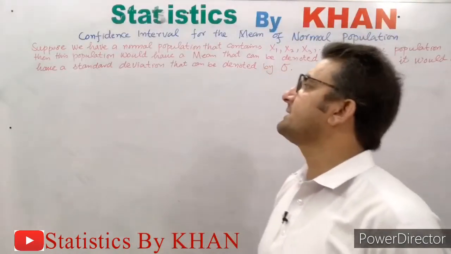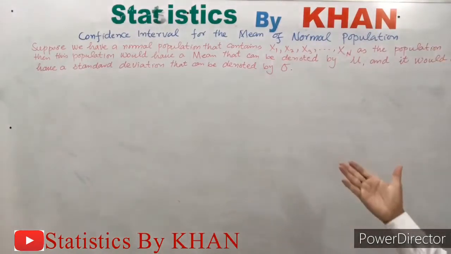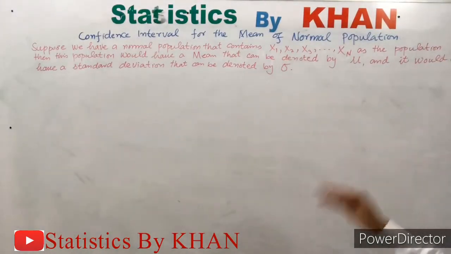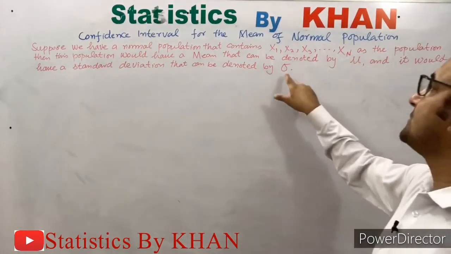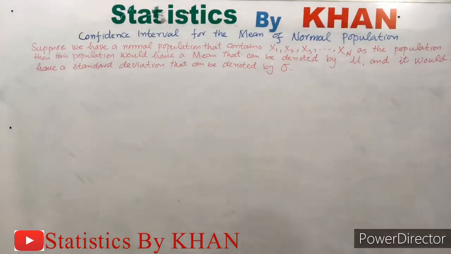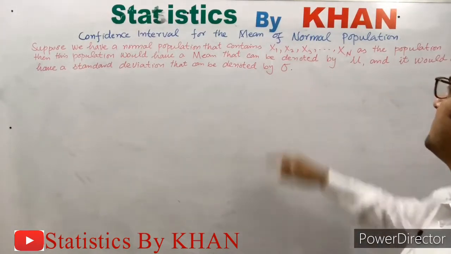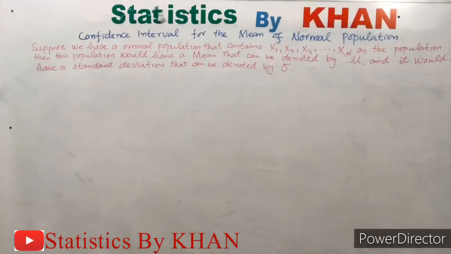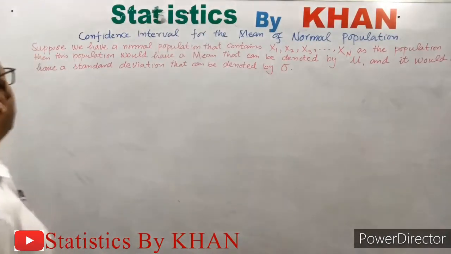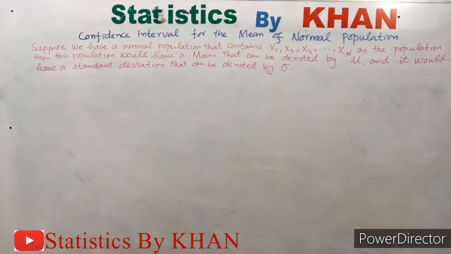Each population has its mean, variance, skewness and kurtosis, but for the normal population we need only these two, the mean and the variance or standard deviation. That is why we have shown only the mean and the variance. So these are the units of the normal population, and these units have a population mean and a population standard deviation.